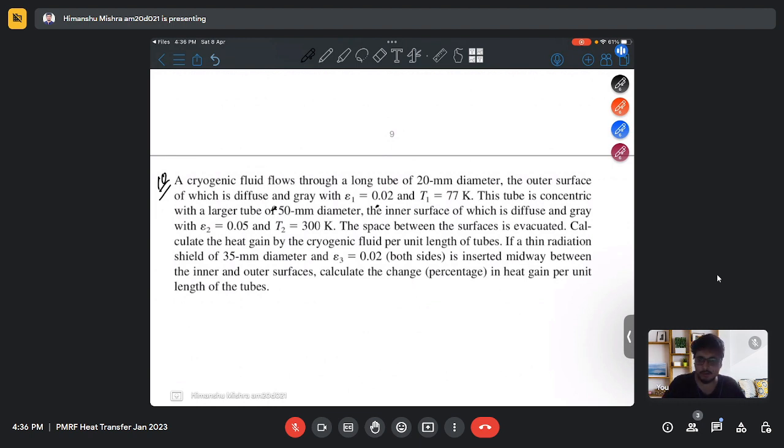This tube is concentric with a larger tube of 50 mm diameter, the inner surface of which is diffuse and gray with emissivity 0.05 and temperature T2 of 300 Kelvin. The space between the surfaces is evacuated. Calculate the heat gain by the cryogenic fluid per unit length of tube. If a thin radiation shield of 35 mm diameter and emissivity epsilon 3 of 0.02 is inserted midway between the inner and outer surface, calculate the change in heat gain per unit length of the tube.